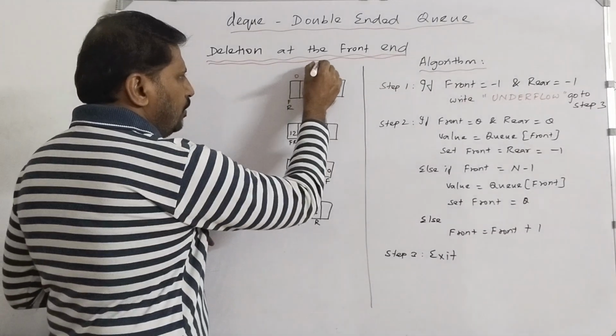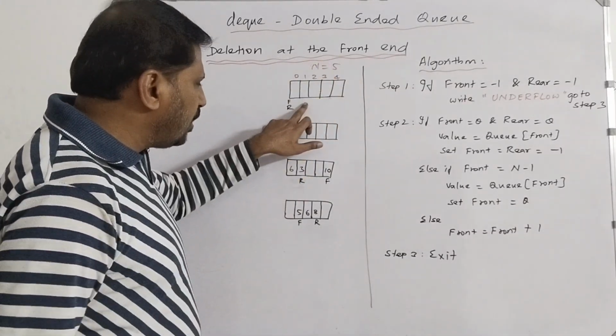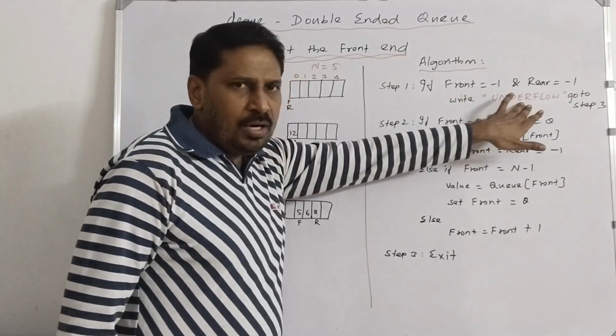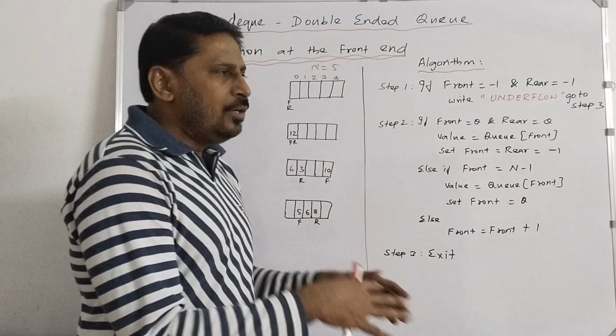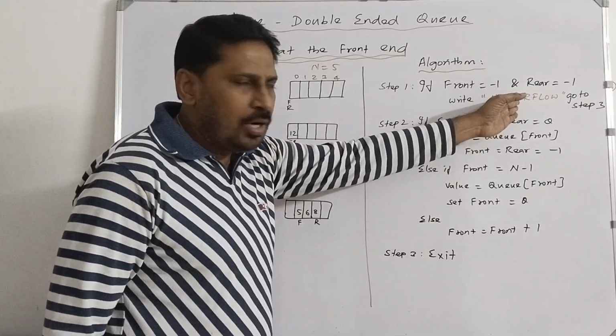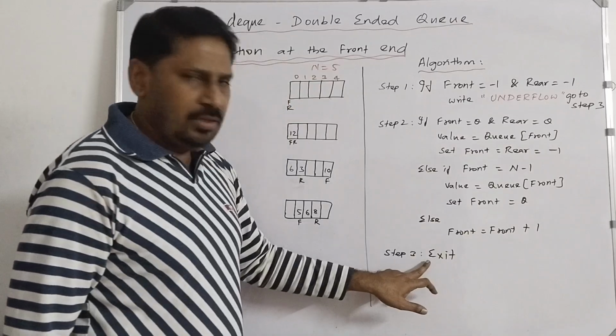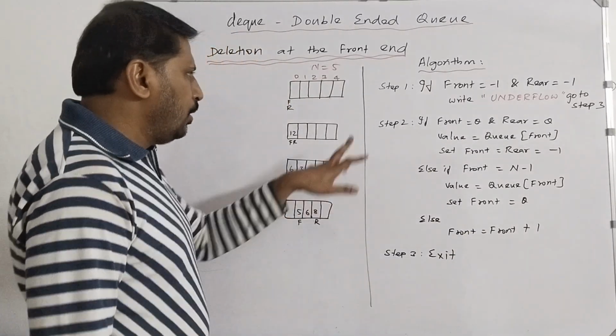So here, n equal to 5. This is the underflow condition. Underflow means there is no element to delete, because it is already empty. Go to step 3, where we exit the process without doing anything.